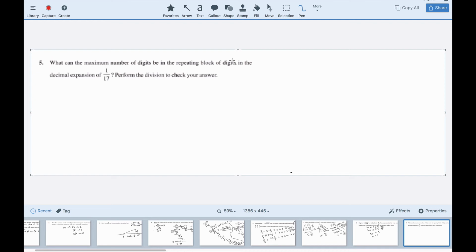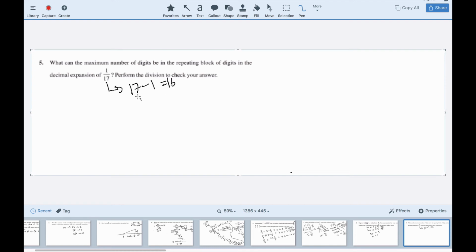As a thumb rule, if the numerator is 1, whatever is the digit in the denominator, you subtract it by 1. So if it's 17, I will do 17 minus 1, which is 16. So I should have 16 decimal places in my answer when I divide.